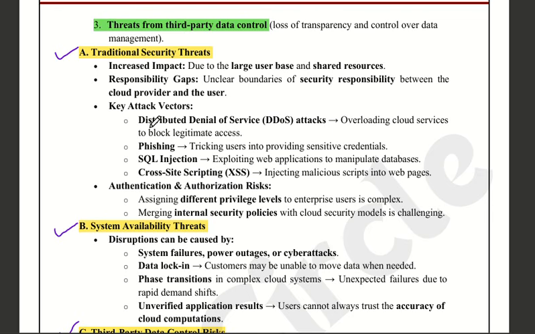These DDoS attacks overload the cloud service to block legitimate access. Every day we are getting a lot of resources, right? To manage that, some points are discussed and given in this description.